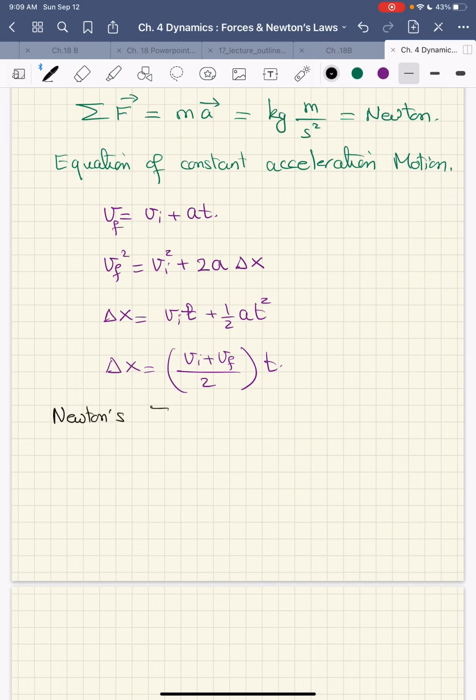Newton's third law is talking about action and reaction.